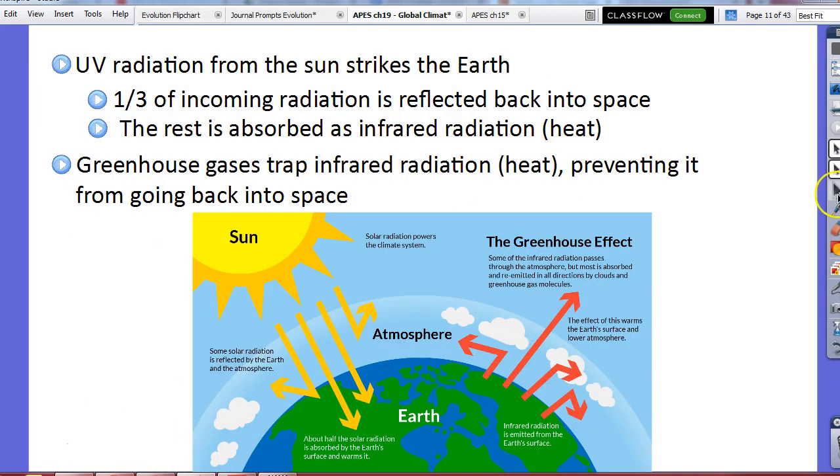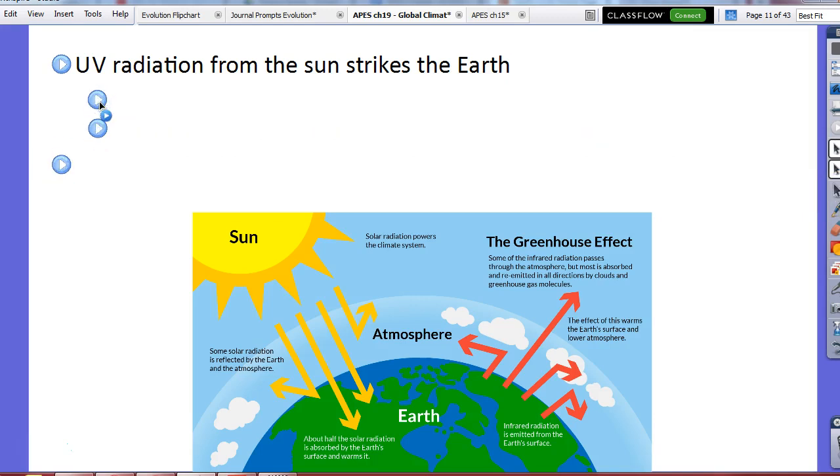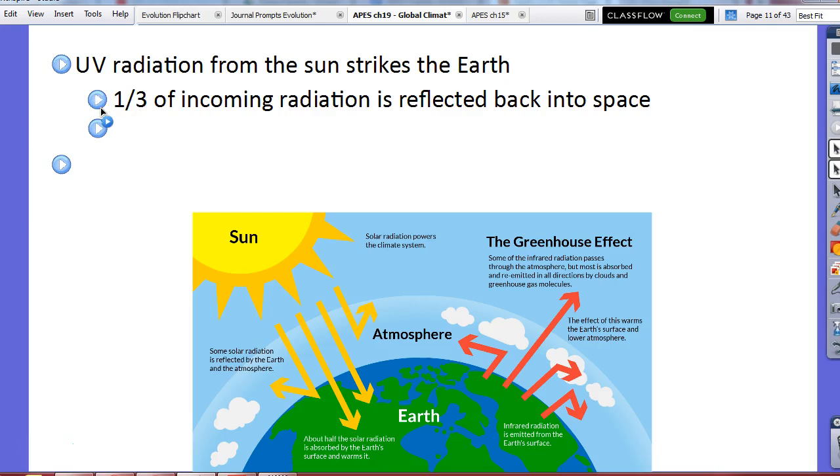So we're going to write this down and then we will color. So what happens here? We have UV radiation from the sun. It ends up striking the earth. So UV radiation is sunlight. It comes down and it hits the earth. You can remember that because you know UVA, UVB rays. A third of it is reflected back to space.